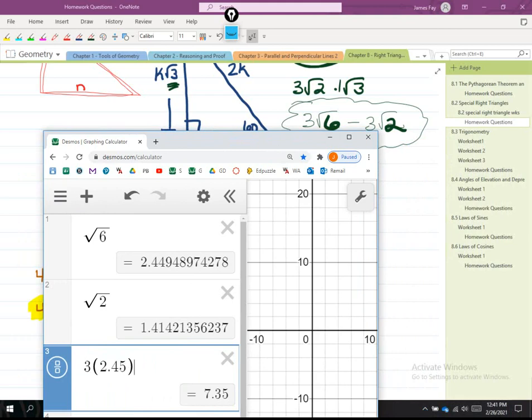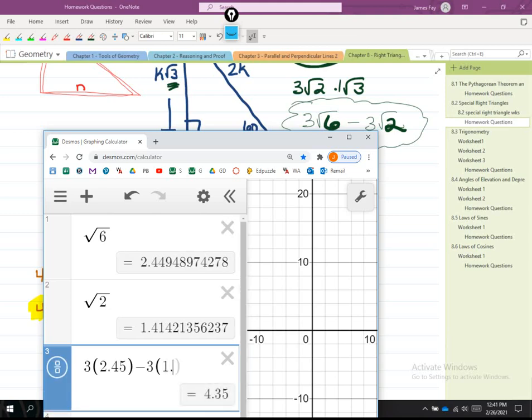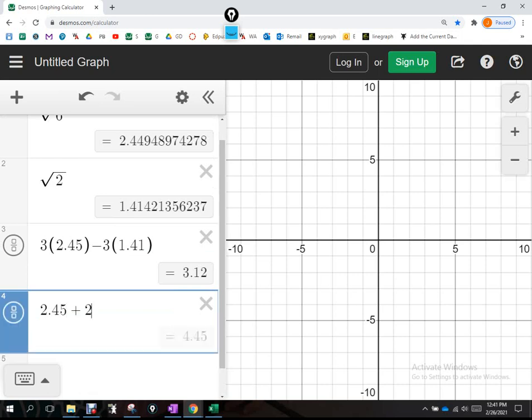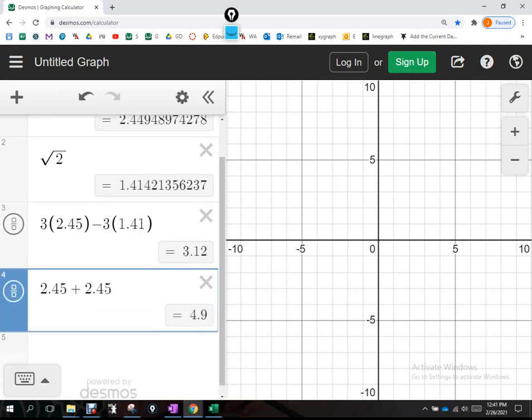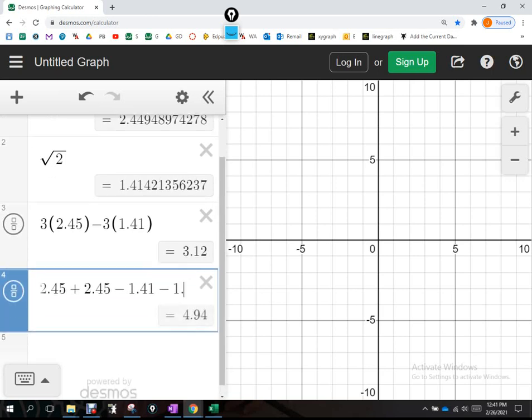And then minus 3 times the radical 2, which is the 1.41 number. Okay. If I break this down algebraically, what this means is I got 2.45 plus 2.45 plus 2.45 minus 1.41 minus 1.41 minus 1.41.